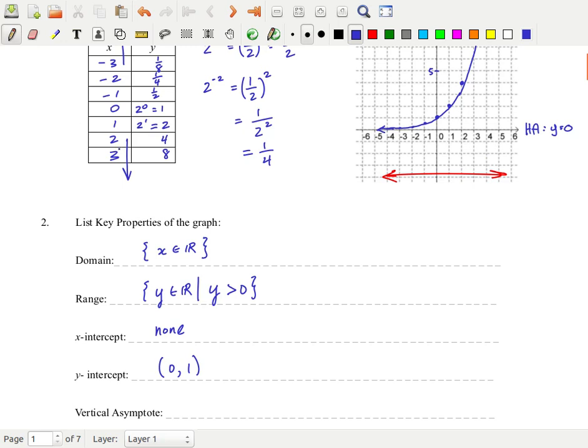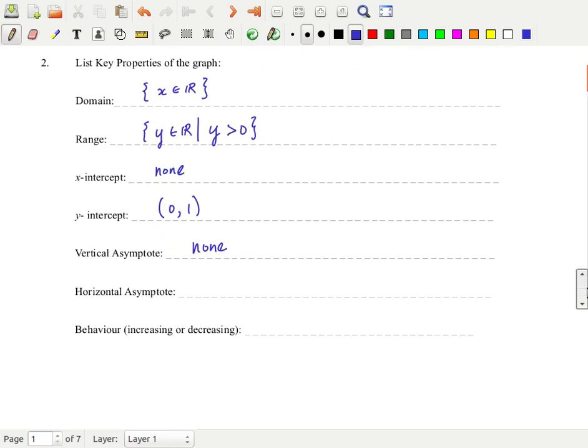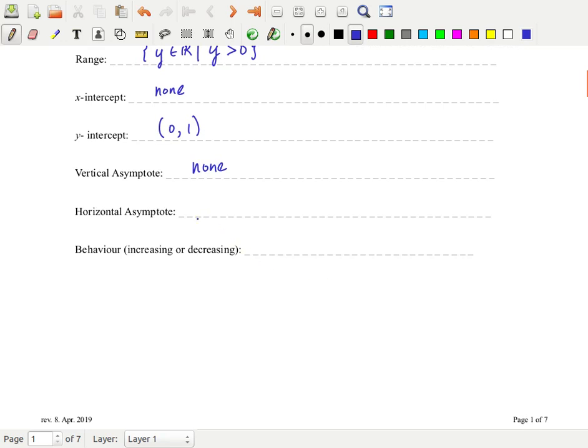There's no value of x where I'm not allowed to go. I can keep putting in bigger values, 3, 4, 5, 6, 7, 8, keep going up there. So just as was the case with the x-intercept, it turns out there's no vertical asymptote. The horizontal asymptote, we already said, was the line y equals 0.